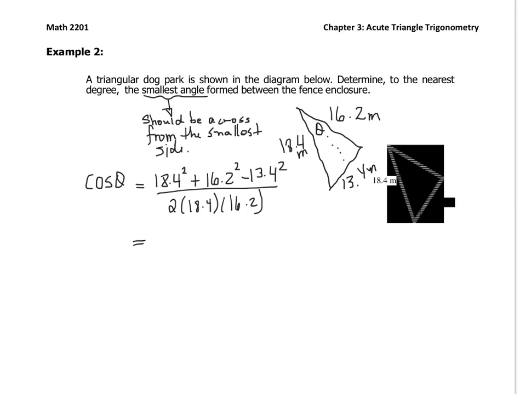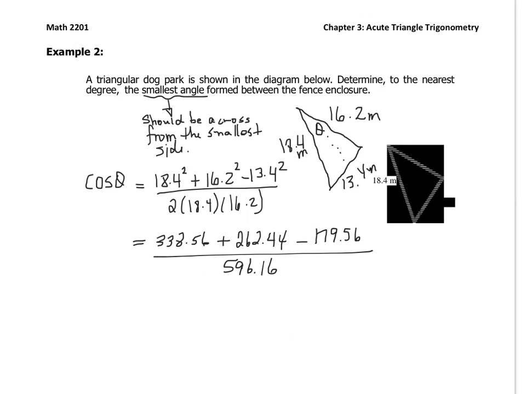And then you work each one of those out. 18.4 squared, 338.56 plus 16.2 squared, 262.44 minus 13.4 squared, 179.56 all over 2 times 18.4 times 16.2, and you get 596.16.